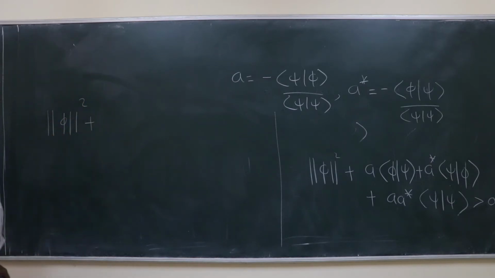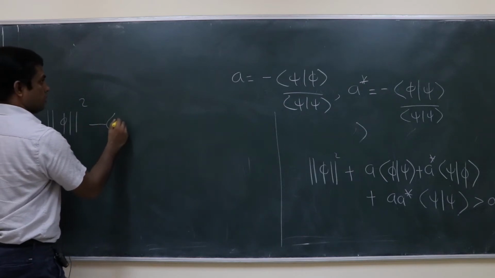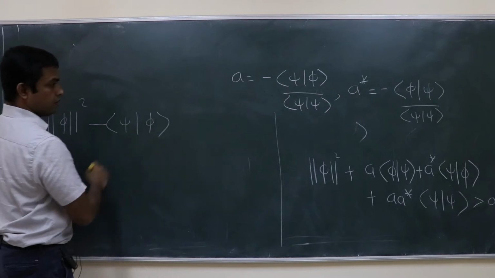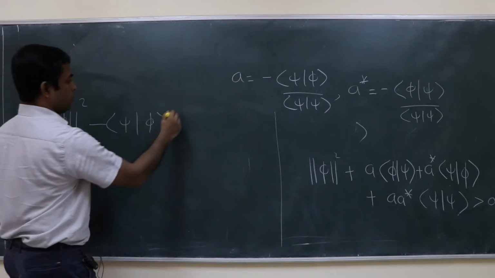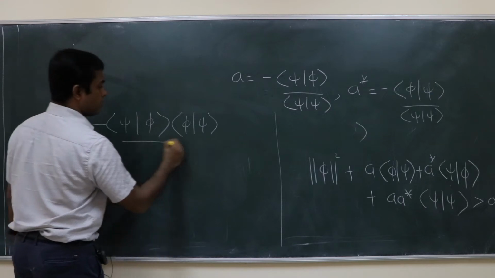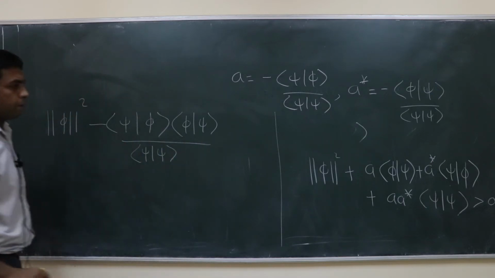The next term is a, that is minus bra psi ket phi divided by bra psi ket psi, times bra phi ket psi.